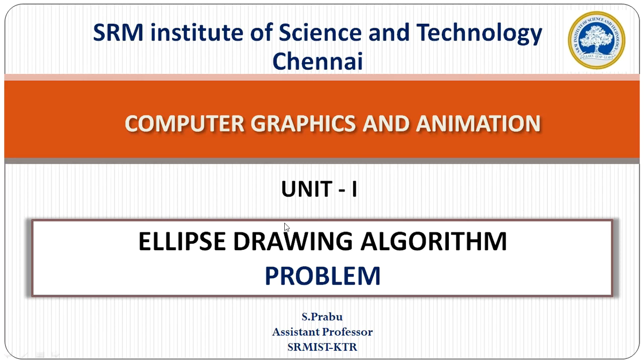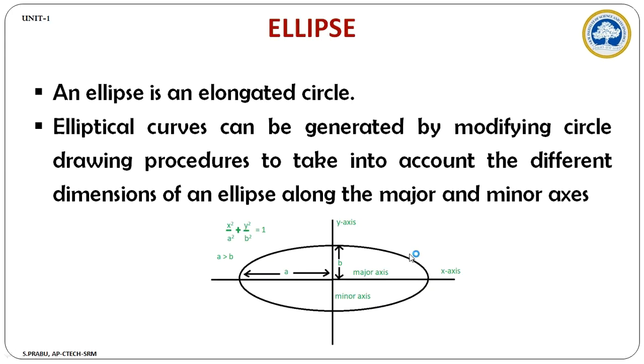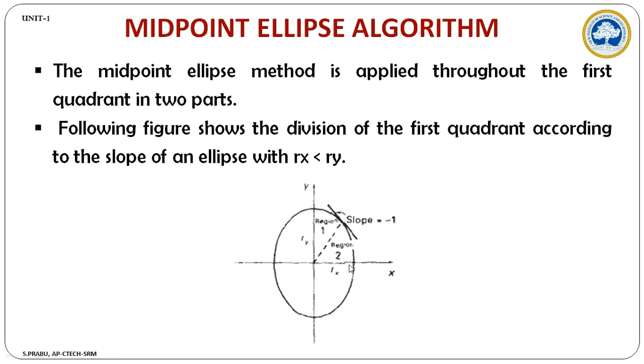In this video, I am going to discuss the problem part of the ellipse drawing algorithm. Ellipse is somewhat different from circle, so we need to make some modifications to get the ellipse drawing procedure. Here, the ellipse has two different radii, one is the major axis and the other is the minor axis.